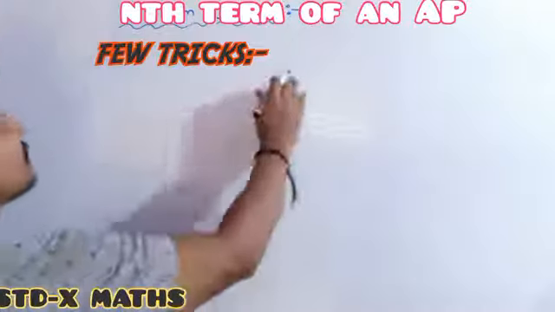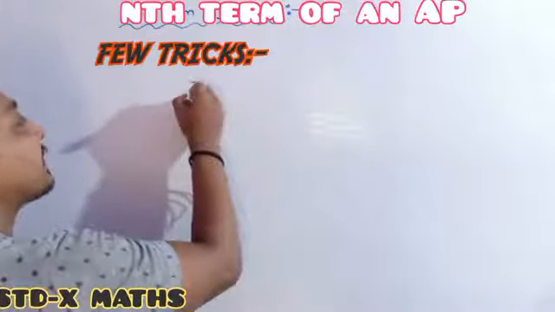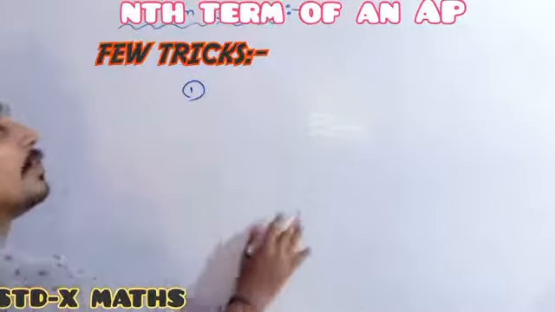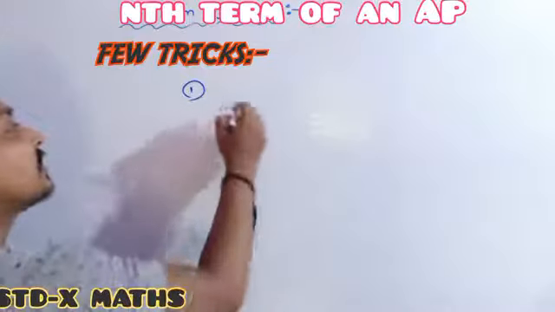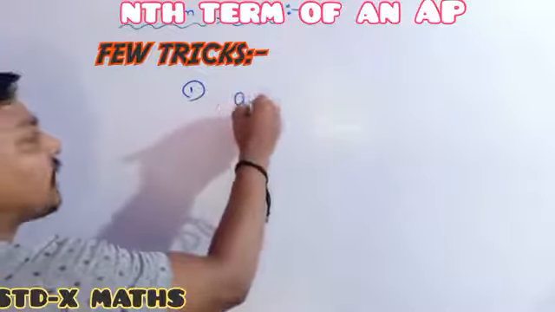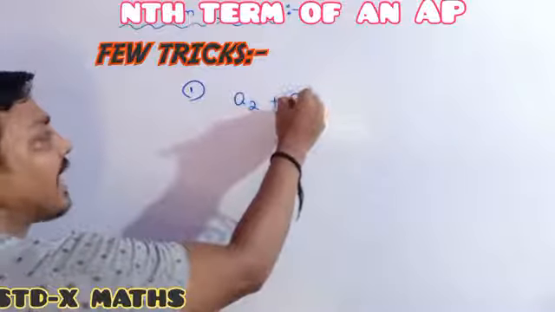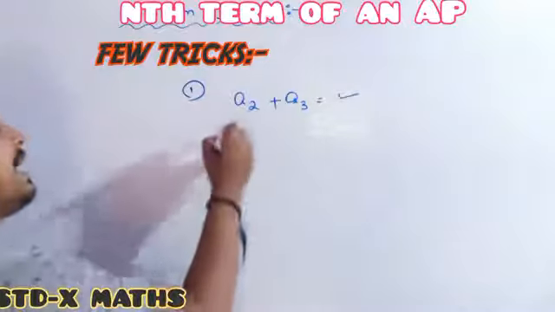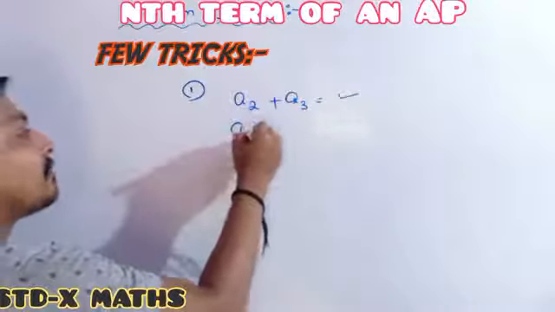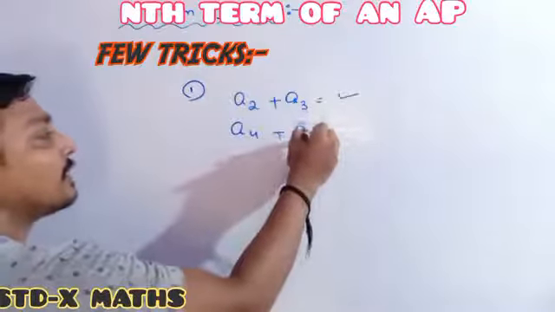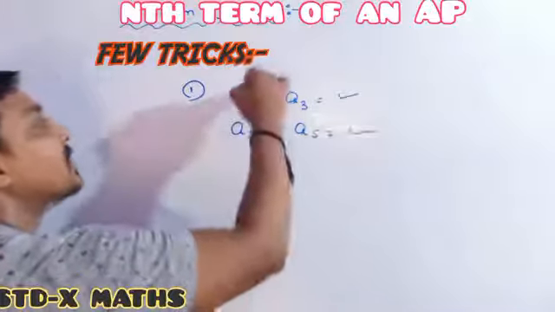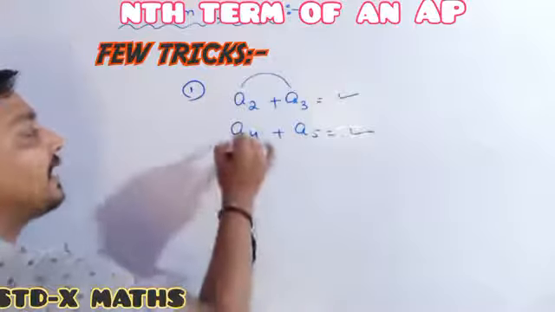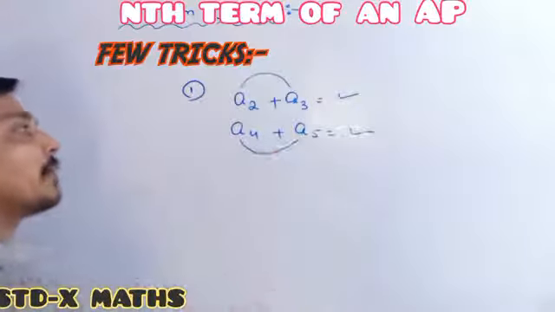Listen to the first trick. First trick, remember: suppose the sum of the second term and the third term is given, and the sum of another two terms is also given. It is one example. The sum of these two terms and the sum of these two terms are given.